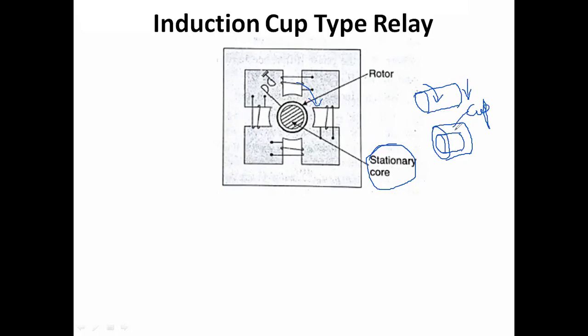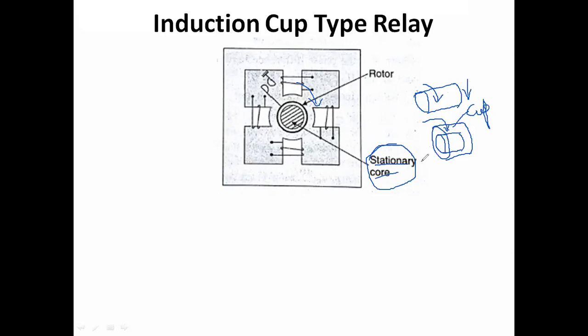But in the case of the induction cup, it is very easy to rotate because of the low inertia. In an induction motor, the rotor has high inertia, but the induction cup has low inertia. And the solid cylinder inside the cup is stationary. It will not move.